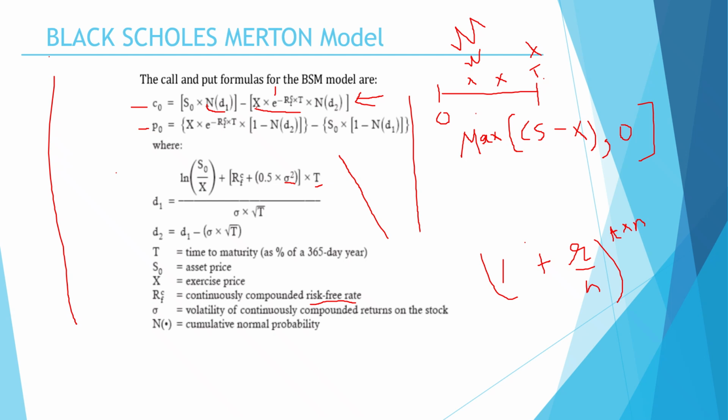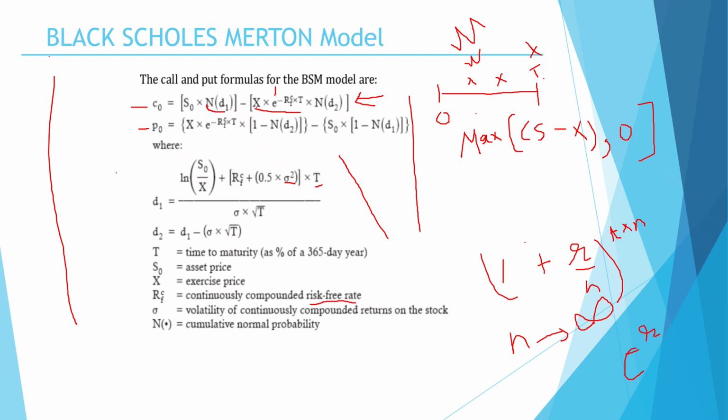But if you want to compound, for example, every second or less than a second, if n tends to infinity, if you want to compound at a very small time, approximately equal to 0, then this formula will be equal to e raised to the power rT.